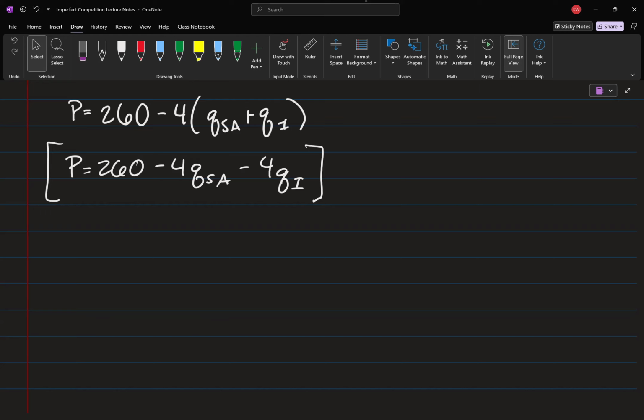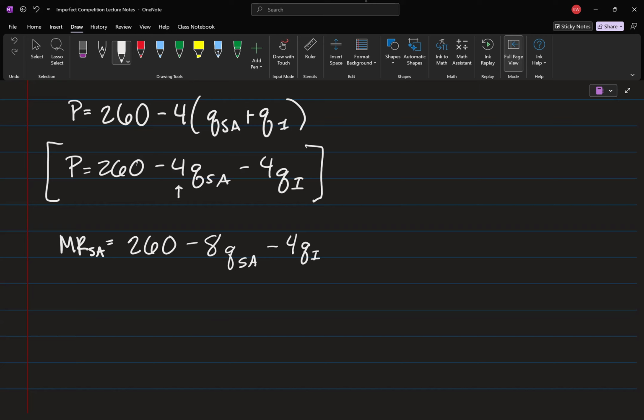So let's start with Saudi Arabia. We're going to start by finding the marginal revenue curve for Saudi Arabia. That's going to mean that we double the coefficient on Saudi Arabia's quantity variable in the market demand curve. So we'll get that the marginal revenue for Saudi Arabia is equal to 260 minus 8 times the quantity produced by Saudi Arabia minus 4 times the quantity produced by Iran.